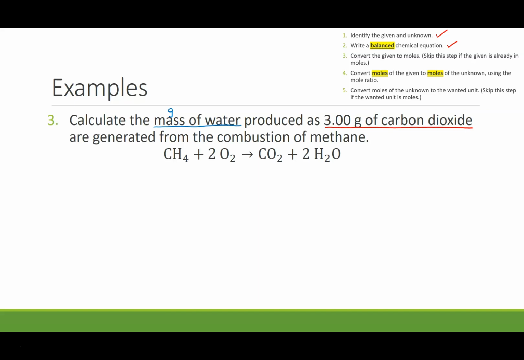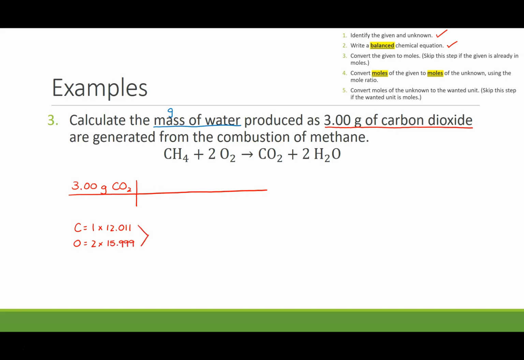Step 3, convert the given to moles. Our given is 3.00 grams of carbon dioxide, CO2, and we need to convert this to moles, and so we need the GFM for CO2. Well, C, there's one C, and its mass is 12.011, and there are two O's, and O's mass is 15.999.